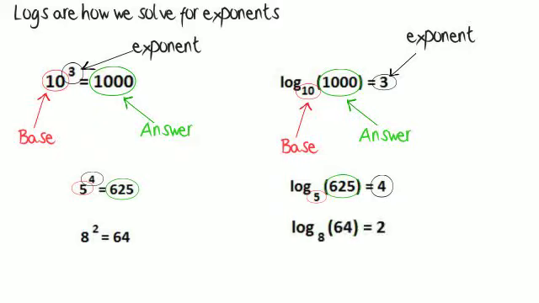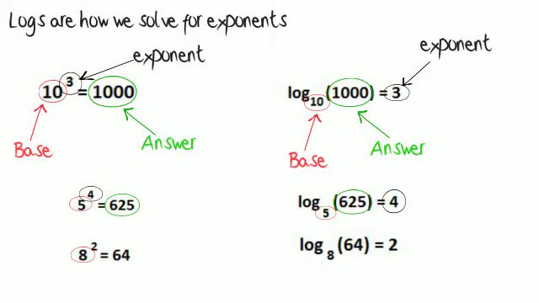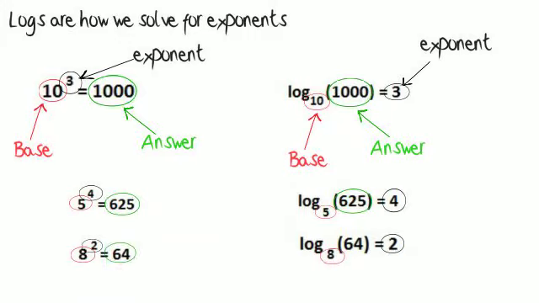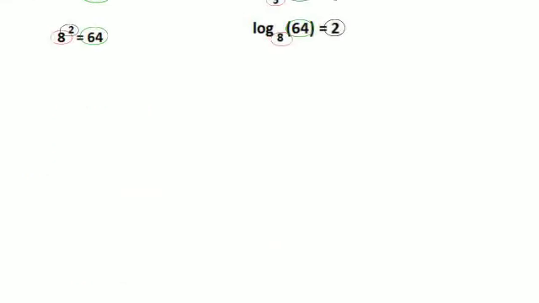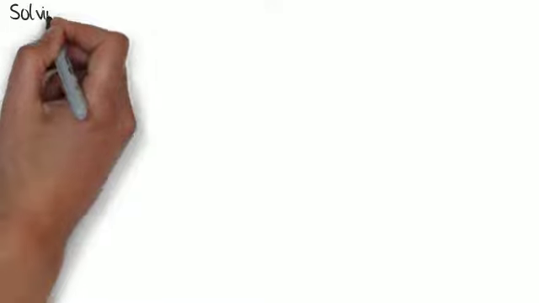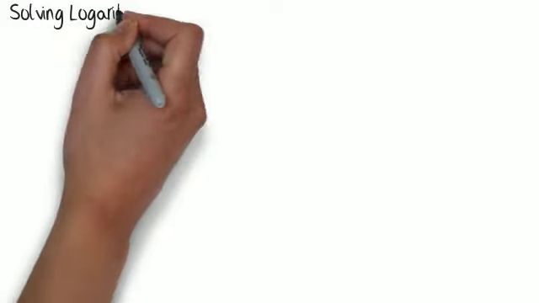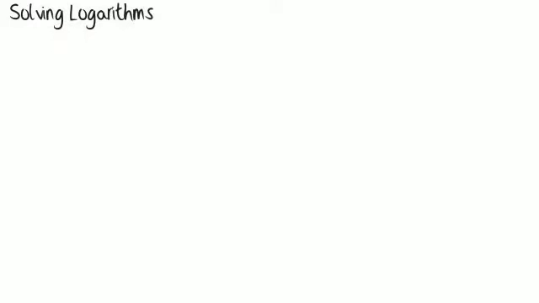Likewise, if we take 8 to the second power equals 64, well then the log base 8 of 64 equals 2, because 8 squared equals 64. So again, what we're doing with logarithms is we're solving for the exponent of an exponential function if we did not know it. That's the reason we use logarithms.